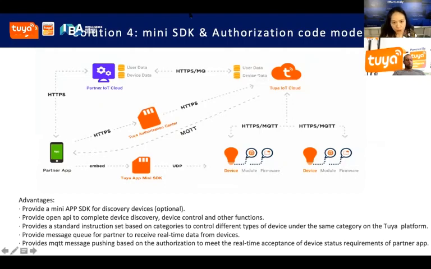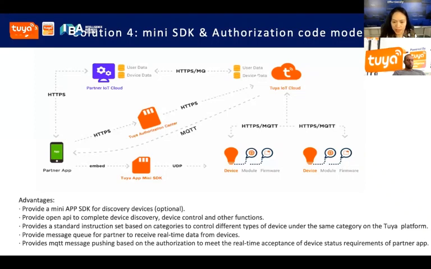The option is mini SDK and authorization code mode. In this mode, you can find the HTTP request from the app. It means that the client, the end user, will get the authorization code to exchange for the access token, to allow access to the devices under your account.